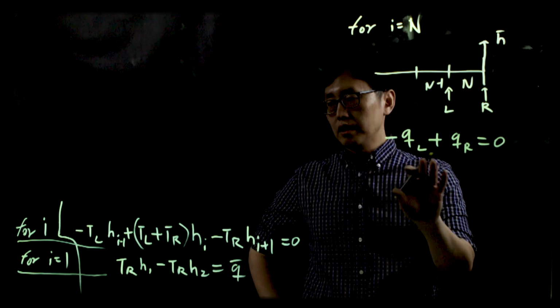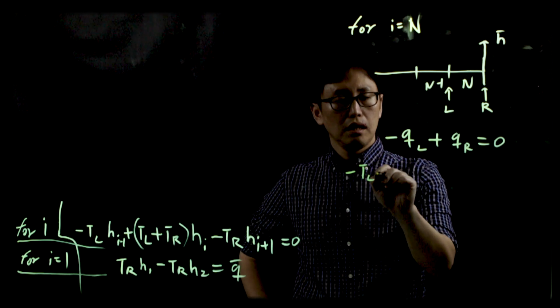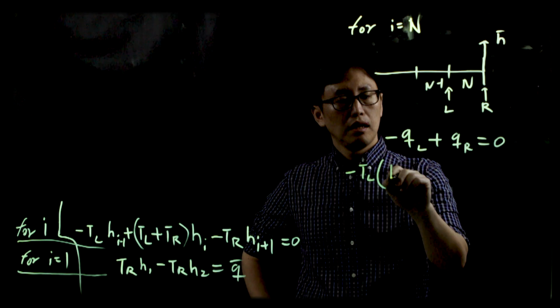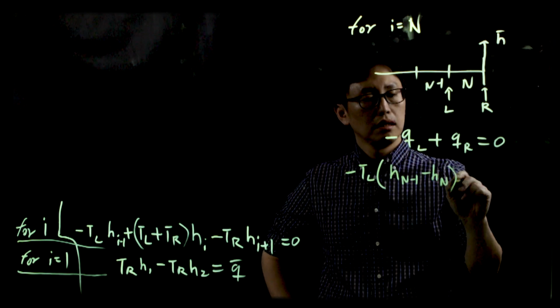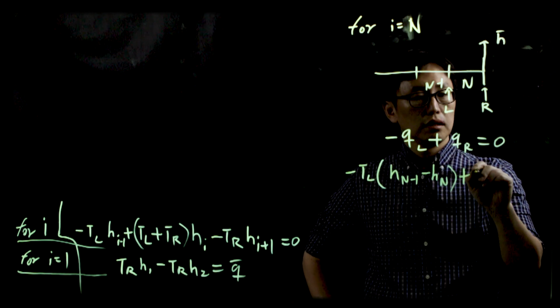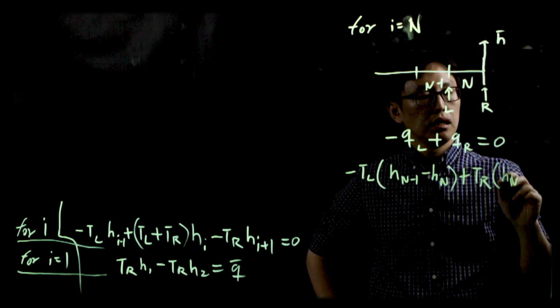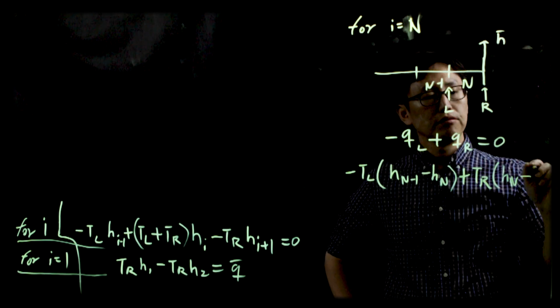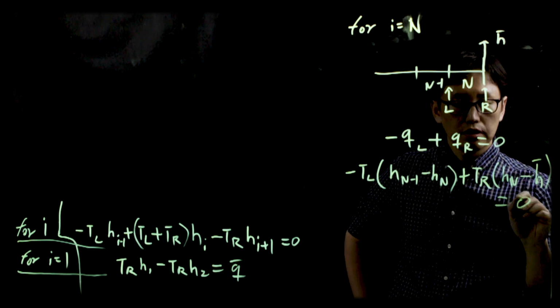Here, if we write this down again, then minus TL (H n minus 1 minus H n) plus TR (H n minus this boundary condition, h bar) is equal to 0.